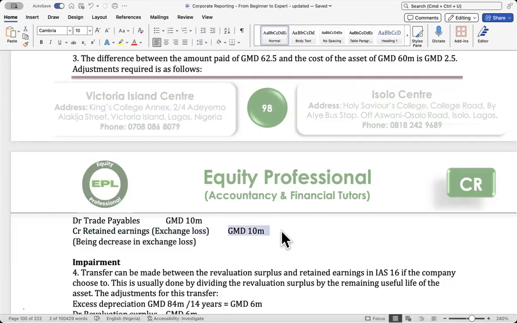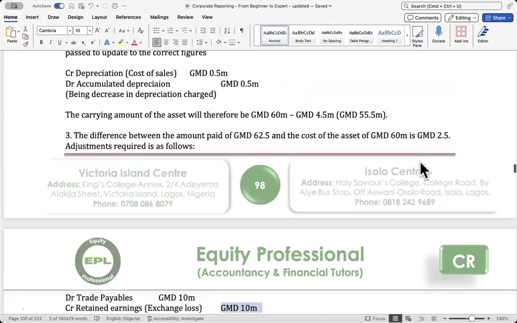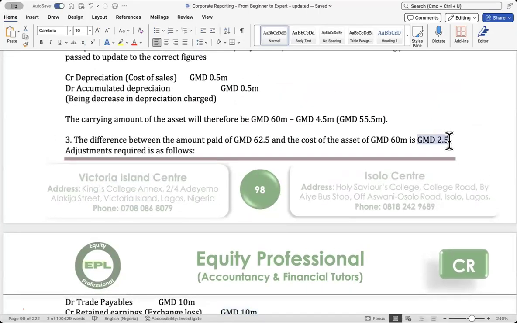Because they have recorded 12.5 as loss, but it should be 2.5. So I want to bring it down to 2.5. I need to reverse whatever entry they have done by 10, because they entered 12.5 instead of 2.5.